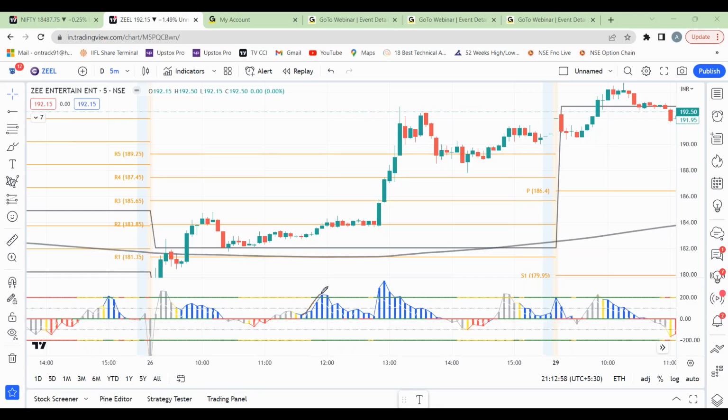Here also it has touched plus 200 and is coming down, correct? Are we considering this as profit booking? We are not considering it yet because no big movement has come. So we are just waiting. Probably if it goes negative, then we may exit our buy position. But it did not go negative. Woodies is still positive.